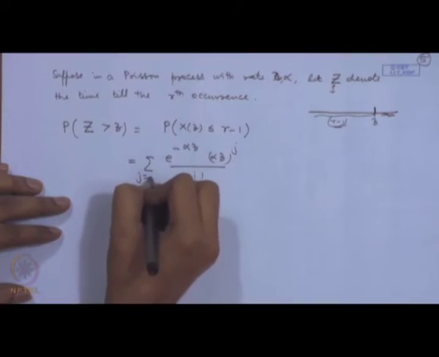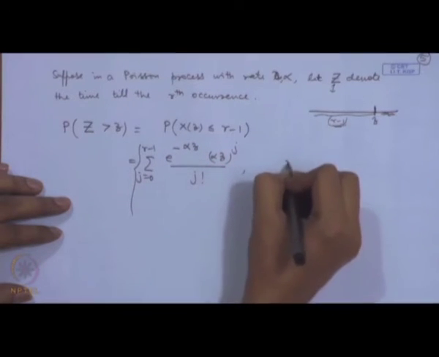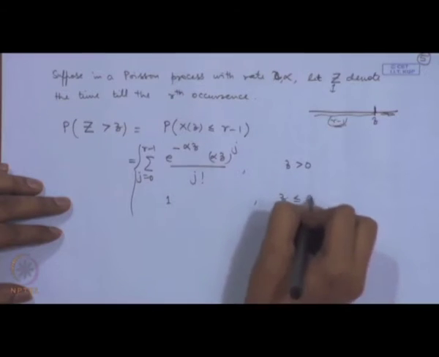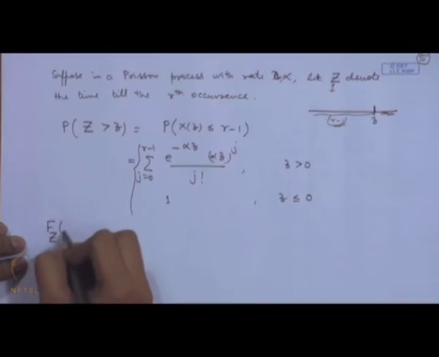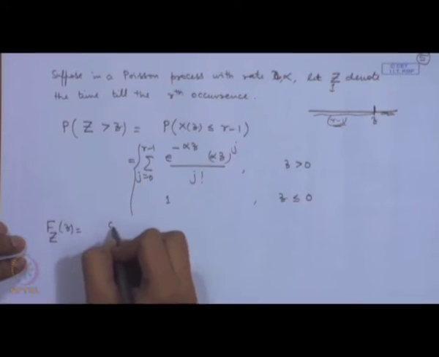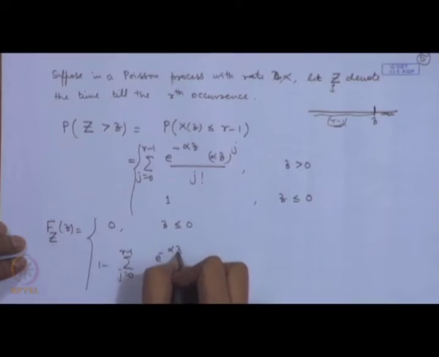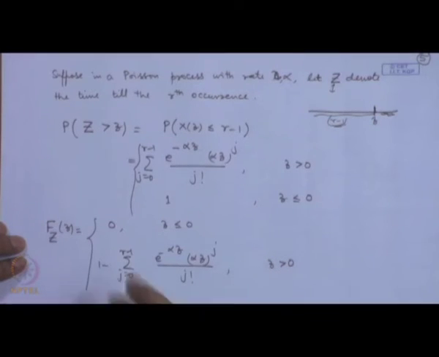Of course, here z has to be positive. If z is negative, then this probability is going to be 1. So, the cumulative distribution function of Z then turns out to be 0 for z less than or equal to 0, and it is equal to 1 minus sigma j equal to 0 to r minus 1 of e to the power minus alpha z, (alpha z) to the power j by j factorial for z greater than 0.